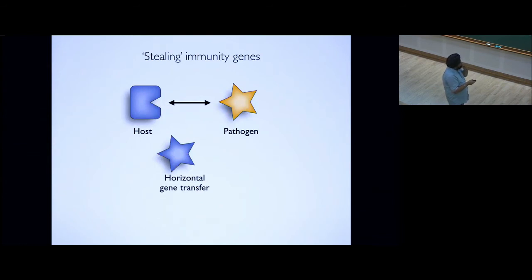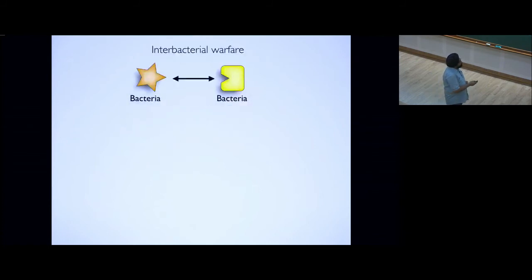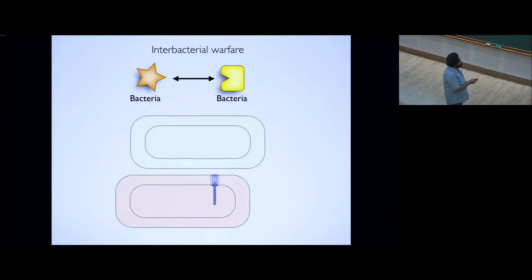Is it possible that, just like K3L, which is a mimic of a host defense gene, could you actually steal a pathogen gene, as the host, and use that against the pathogen? Even better, could you actually have bacterial warfare and have a host genome take advantage of that?